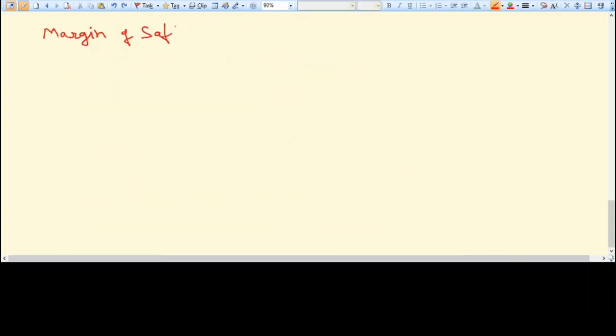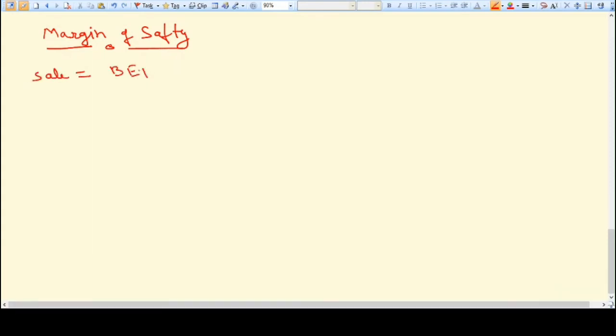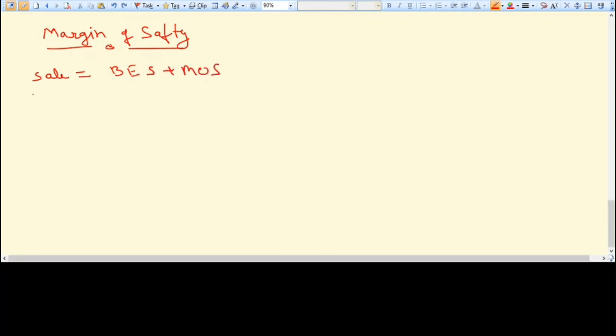Now let us understand the margin of safety. Friends, we know that sales contain two parts, break even sales and margin of safety. So we can say that sales is equal to break even sales plus margin of safety, and we know that sales into PV ratio is equal to fixed cost plus profit.